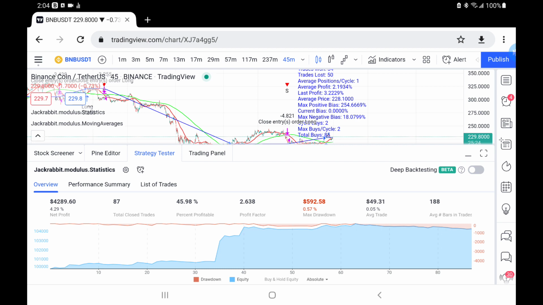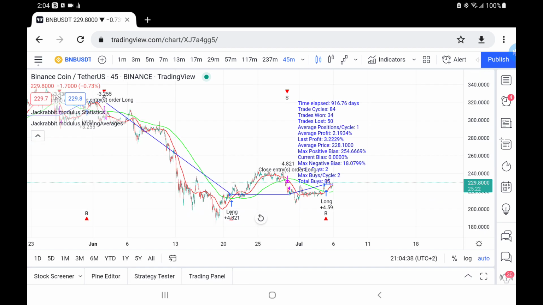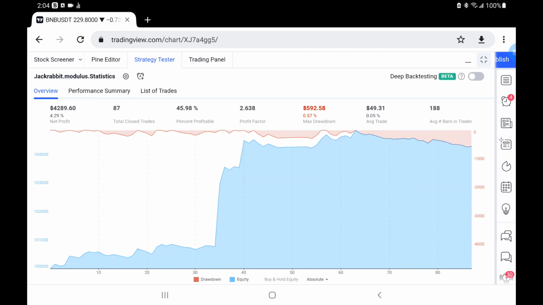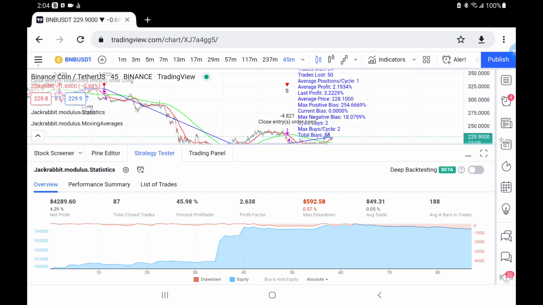Let's see how roughly 3 years. That's still pretty far out. 3 years to get $4,000. Not bad, but that's 1.2 thousand, 1.3 thousand a year?